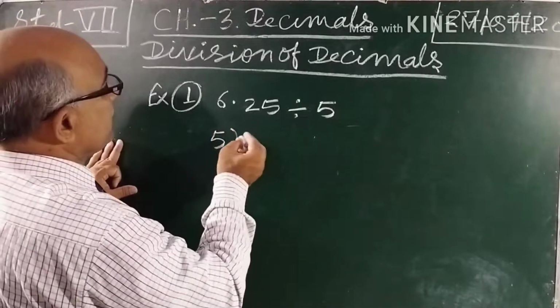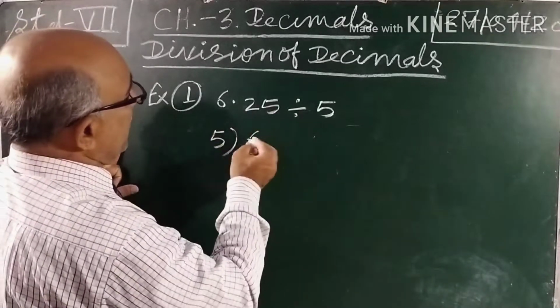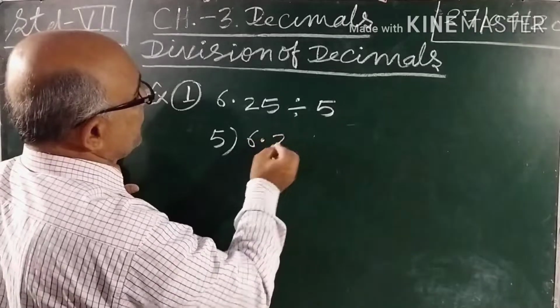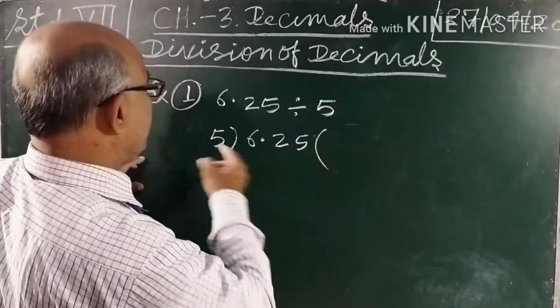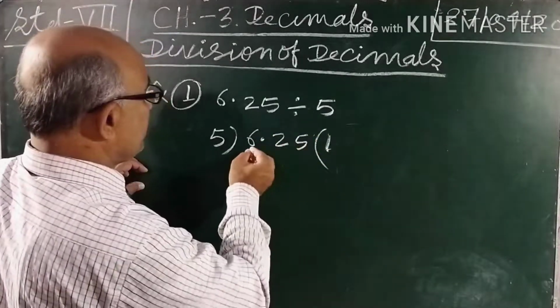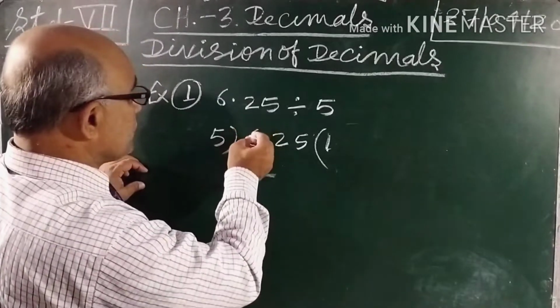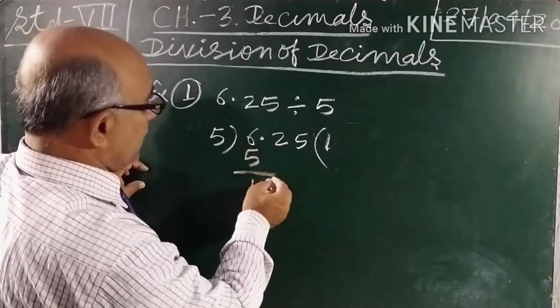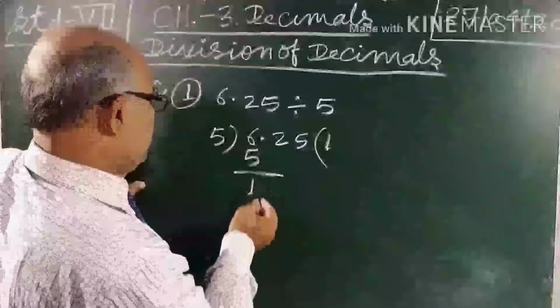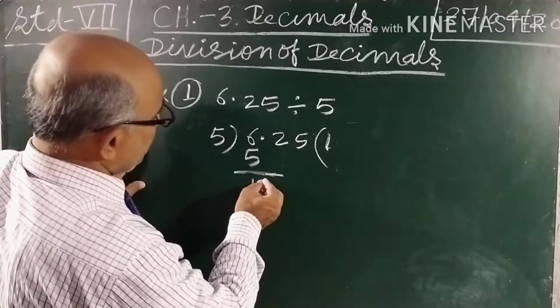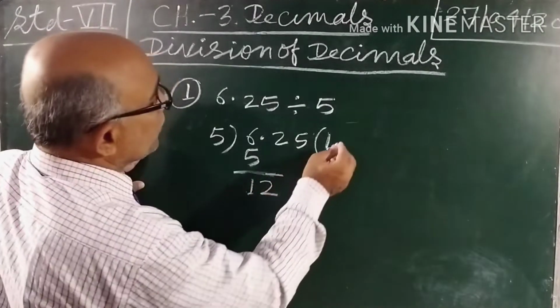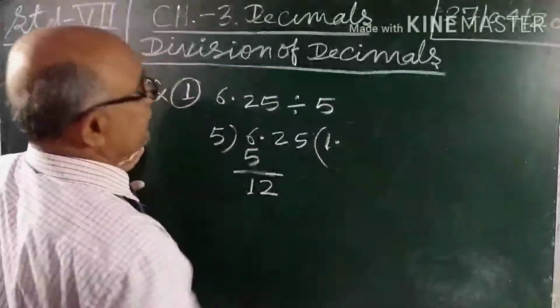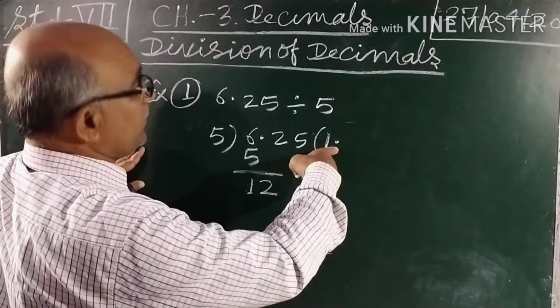In this method, 6.25 divided by 5. 5 ones are 5. 6 minus 5, 1. Now after the decimal, the digit 2 is brought down for division. So in the quotient, keep a decimal point.